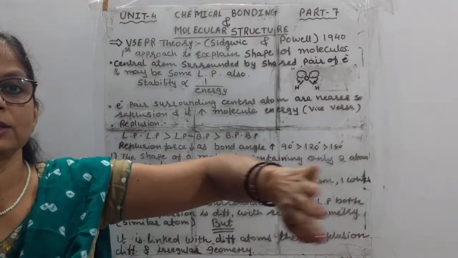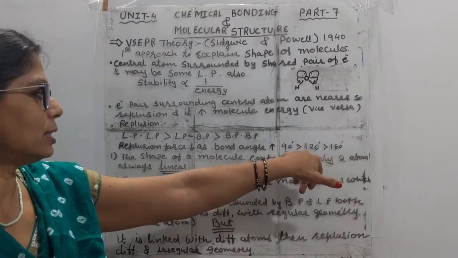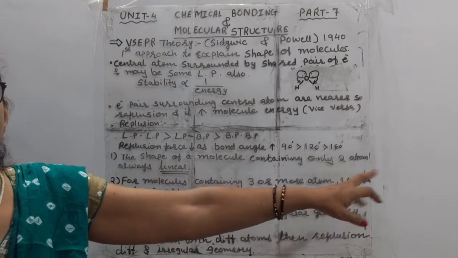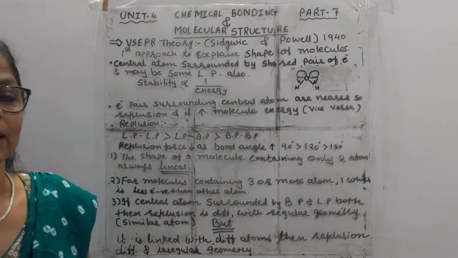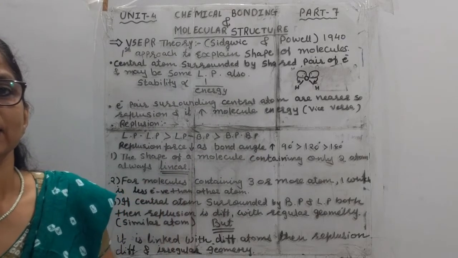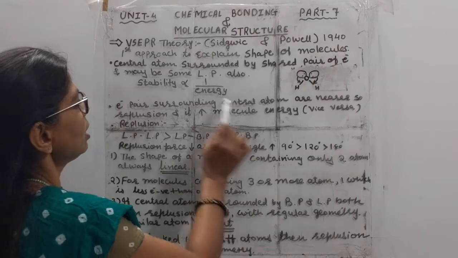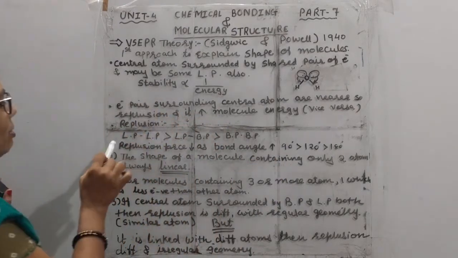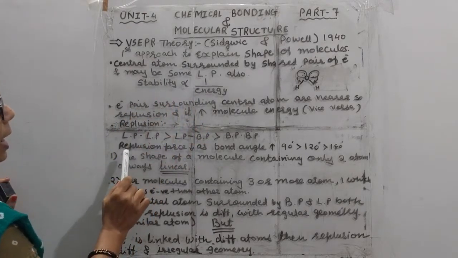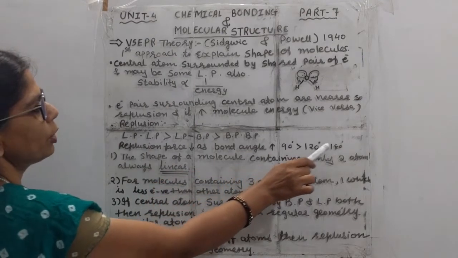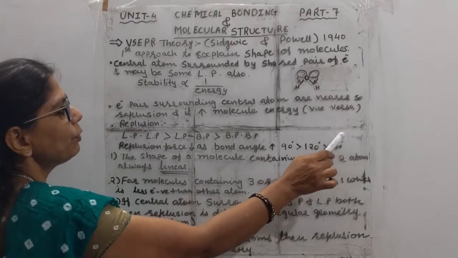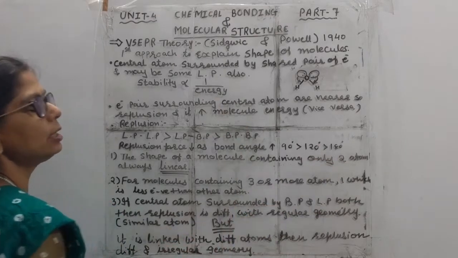If the angle is 90 degrees, the repulsion force is maximum, student, and 180 degrees means linear shape, then the repulsion force is very less, and as it is very less, here the stability also occurs. So from this point and this point you will conclude that stability is inversely proportional to energy, and repulsion force decreases as bond angle increases, means 90 degrees is having the maximum repulsion and 180 degrees is having the least repulsion, student.